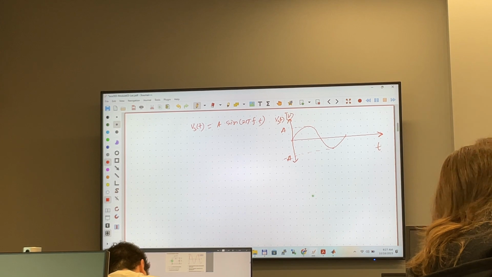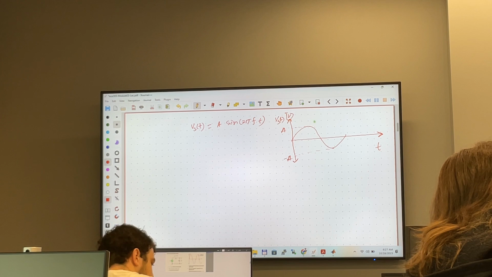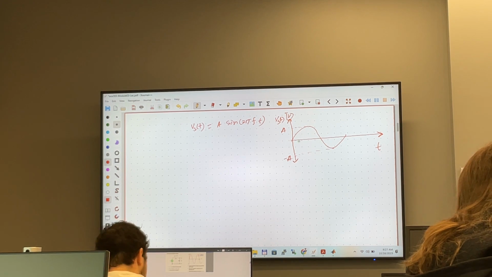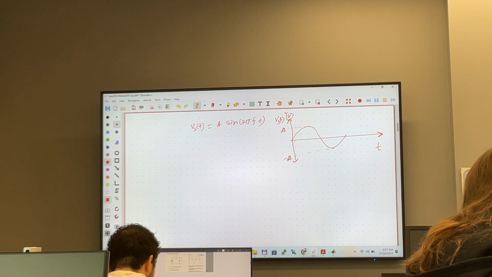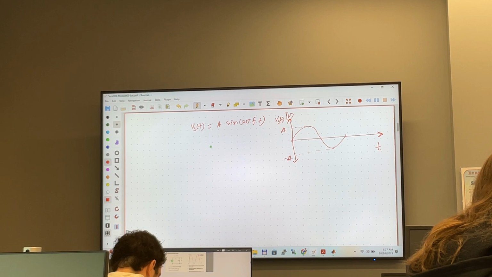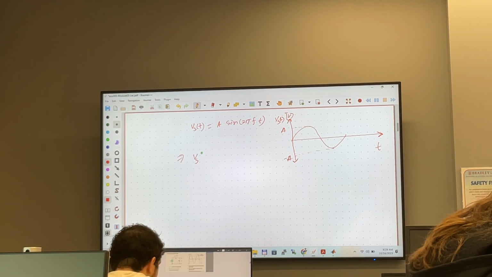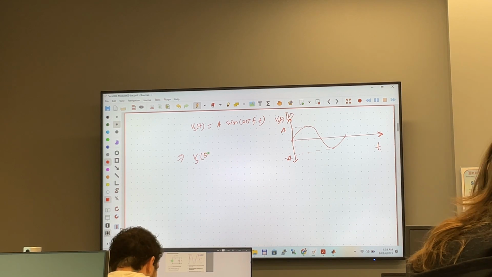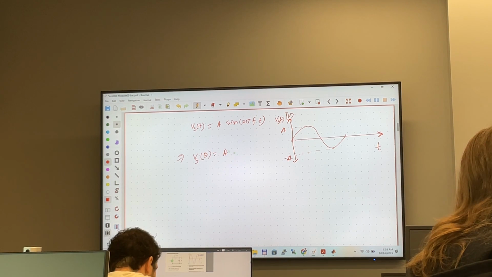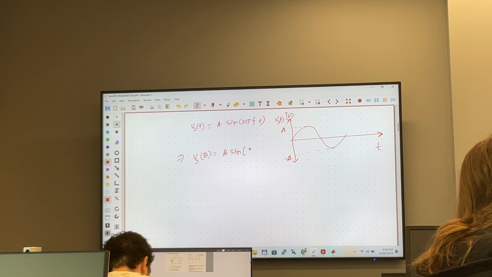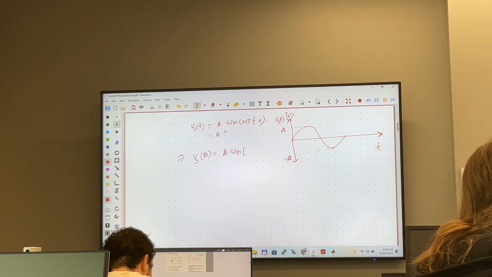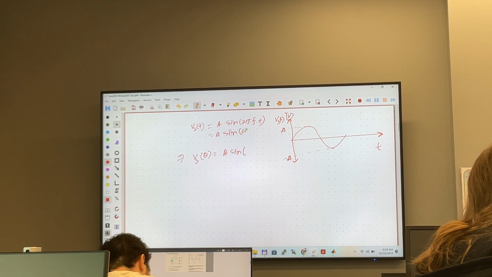The x-axis is time. Now we can actually draw this x-axis in angle instead of time. So we can write it in terms of theta. V sub S at angle theta is A sine omega t.